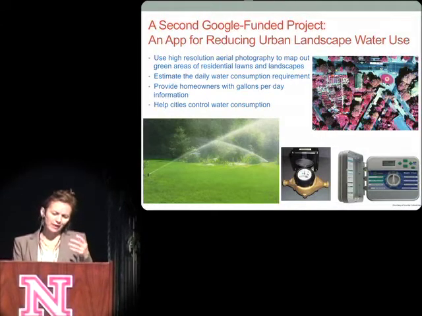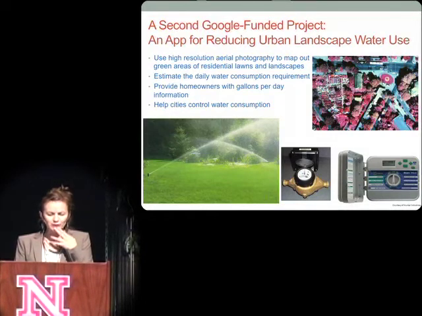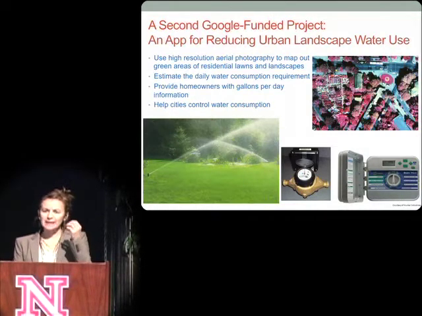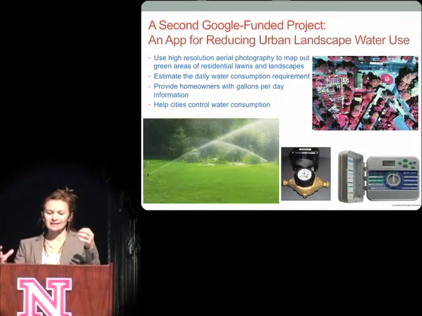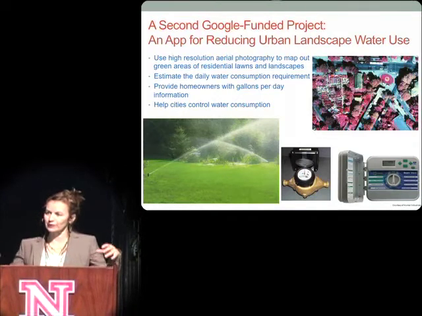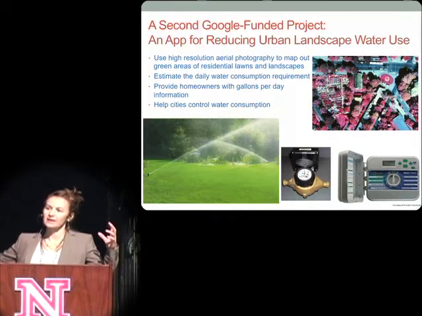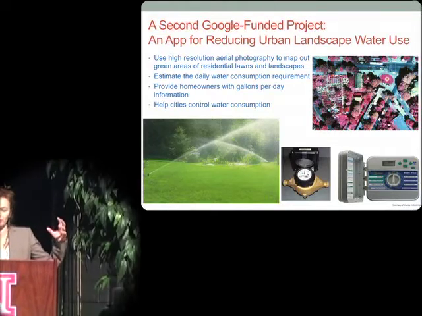We're very early in the stage here. There's a PhD student, Yao, working on this. We're going to use NAIP high-resolution aerial data to map the greenness of the lawns in residential areas, and then convert that to vegetation indices and the resulting crop coefficient, using the reference ET to crop coefficient approach.